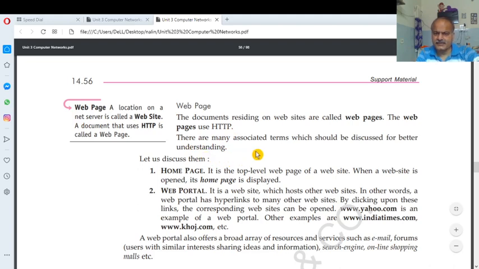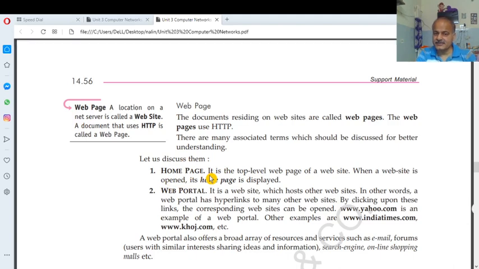There are many associated terms which should be discussed for better understanding. Number one, the home page: the first page of any website, or the top level web page of the website. When a website is opened, its home page is displayed.